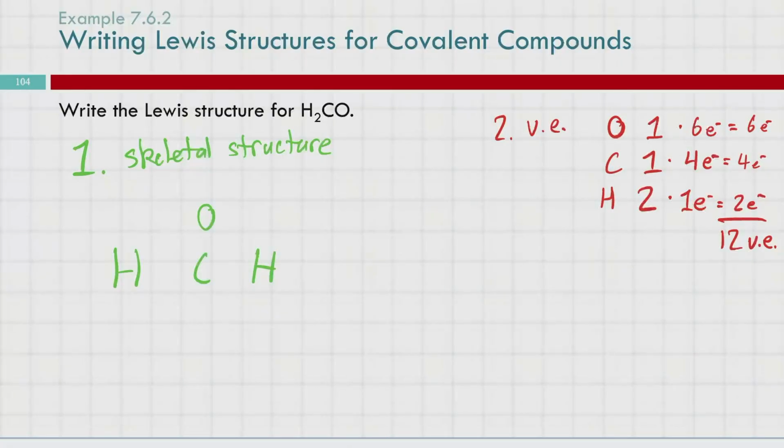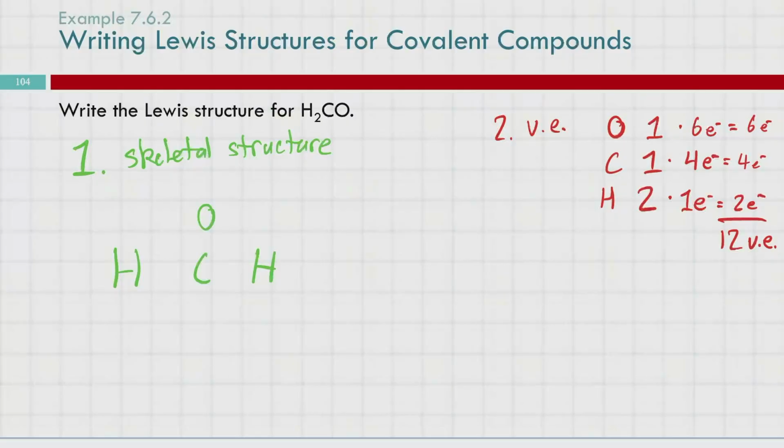You'll have a much easier time doing Lewis structures if you can quickly and easily identify how many valence electrons an element has. In order to get all of these things connected, to get them all into one cohesive unit, how many bonds do we need?